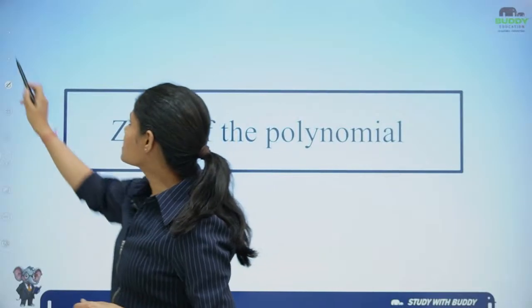So when we are saying we have to find the zeros of the polynomial, all we have to do is find that one value of x which will vanish the polynomial. Vanish means what? You have to tell me that value of the variable. For example, I am talking about p(x), a polynomial in x.